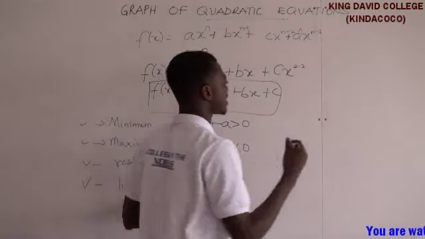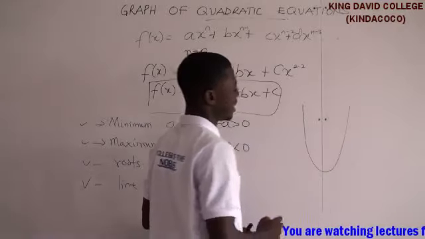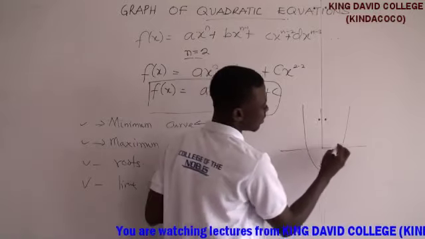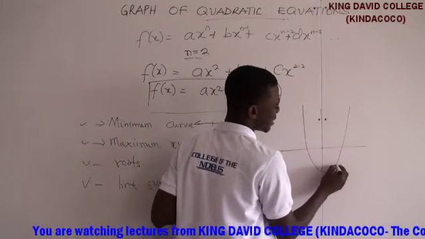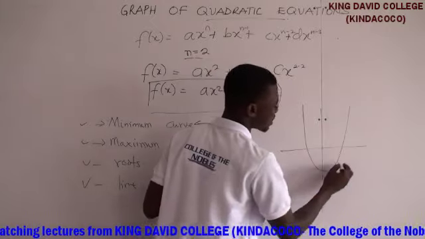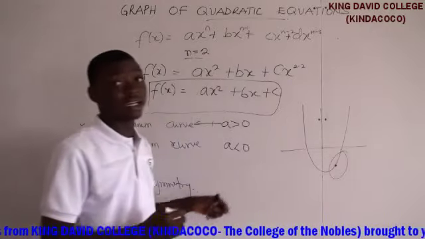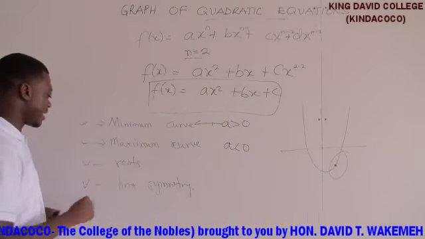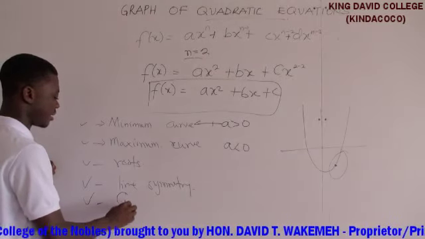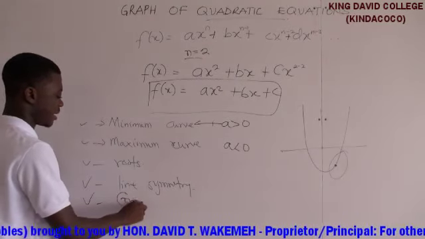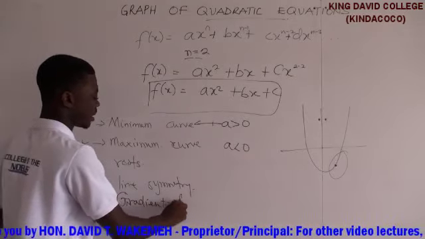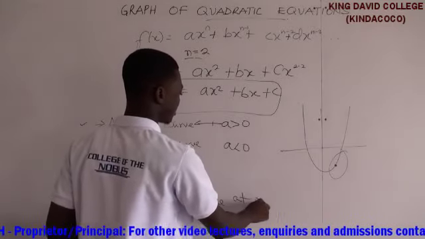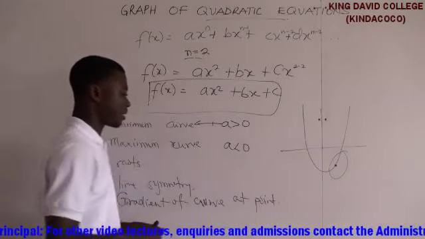So this curve, and it's bigger, and we identify it on the Cartesian plane, and we want to find the gradient of the curve at this point here. It should be possible for us to find the gradient at that point. So we'll be looking at the gradient of the curve at a point.